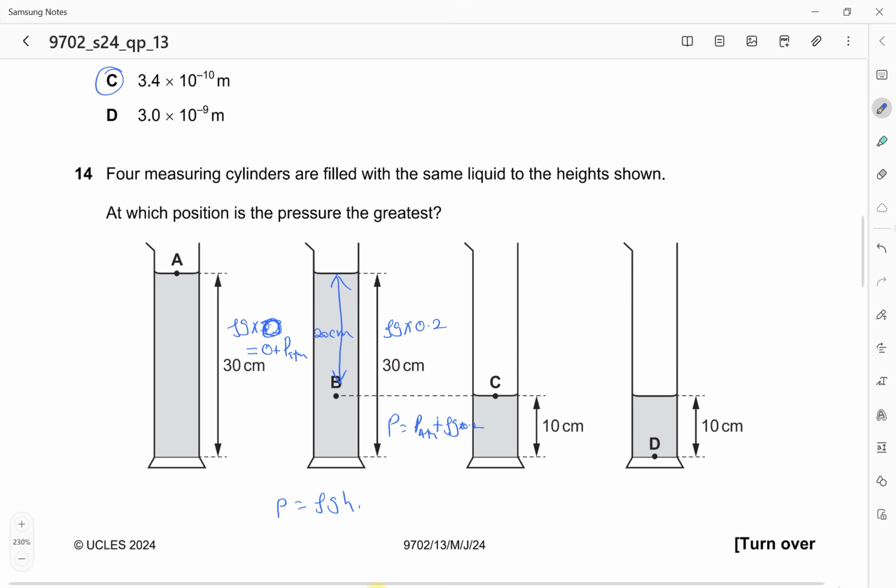Then here it is just atmospheric pressure, that is at C. Then here, the pressure is going to be the pressure due to the atmosphere, which is atmospheric pressure, plus the pressure due to the height of 10, which is density times g times 0.1. So the question is, at which position is the pressure greatest? So we notice that the pressure is greatest at position B. So number 14, the answer is going to be B.